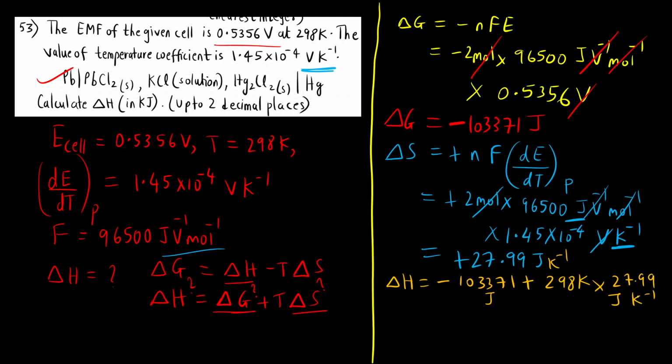Kelvin and Kelvin inverse get cancelled. Both are in joule, so you add them. The final answer comes out to be minus 95031 joule. You want it in kilojoule.